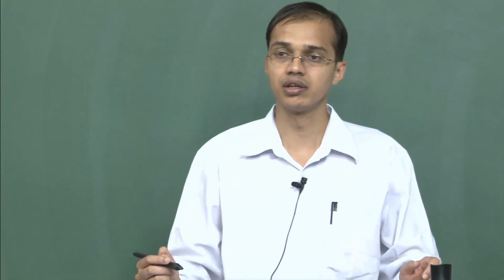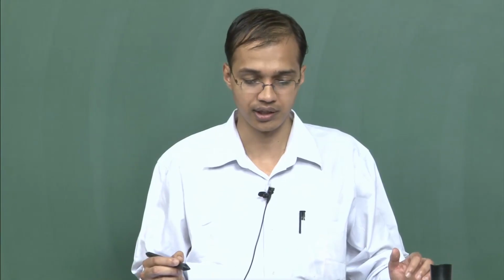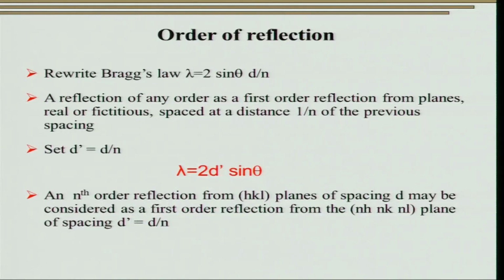Another important thing which we would like to locate in Bragg's law is what is known as the order of reflection. So, if you look at Bragg's law, which is nothing but n lambda equals 2d sin theta, and rearrange the terms, we get lambda equals 2 sin theta into d over n, and therefore we can say that a reflection of any order is a first order reflection from planes, real or fictitious, spaced at a distance of 1 by n of the previous spacing.